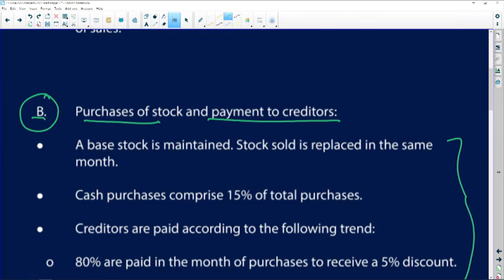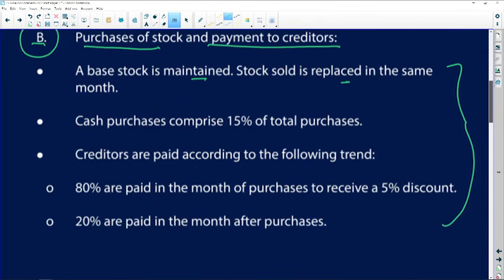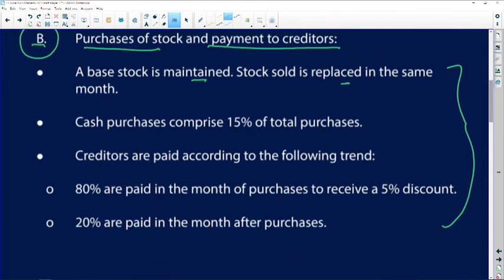So let's now read through the information. A base stock is maintained. Stock sold is replaced in the same month. Okay, so a fixed amount of stock is purchased each month and that is maintained. Cash purchases comprise 15% of total purchases. Okay, so remember, if cash is 15%, then credit is obviously 100 minus 15, 85%.